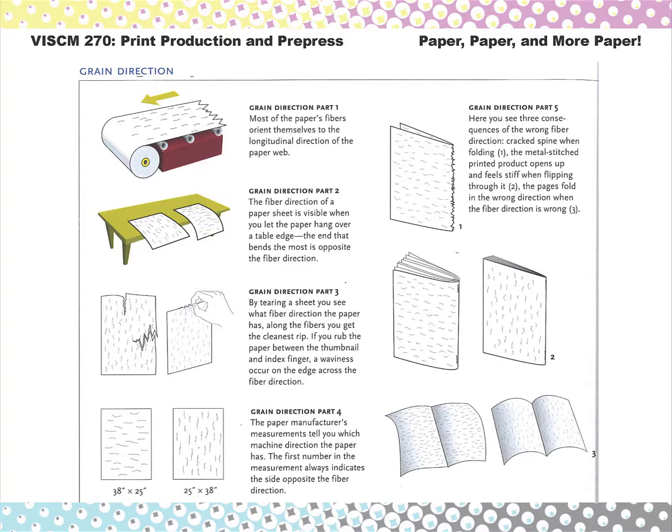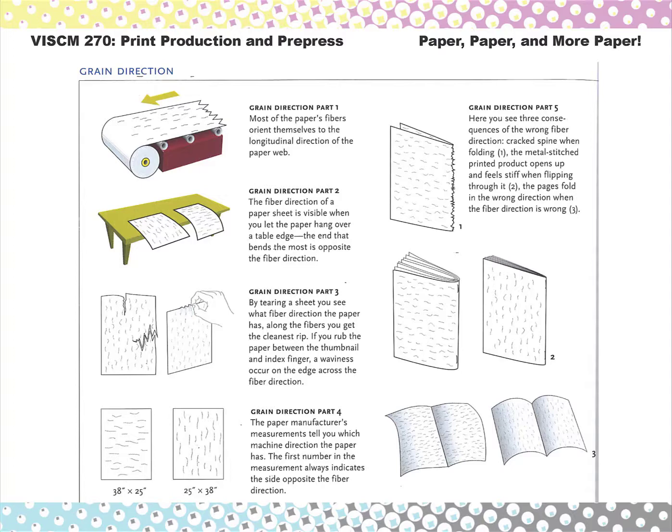Grain is important for printers because it affects how the paper is folded and how it runs through their presses. They will take the direction of the grain from the measurement. It's usually the second number of the measurement, so 38 by 25 means the 25-inch side is the direction of the grain.